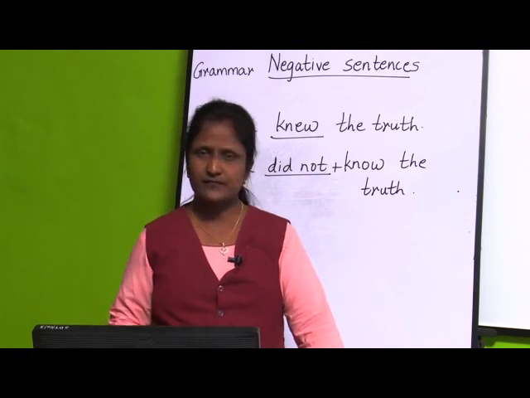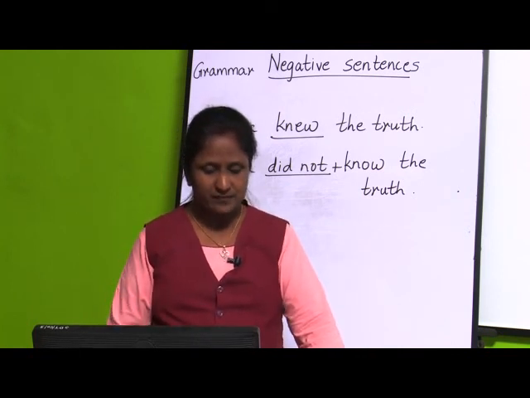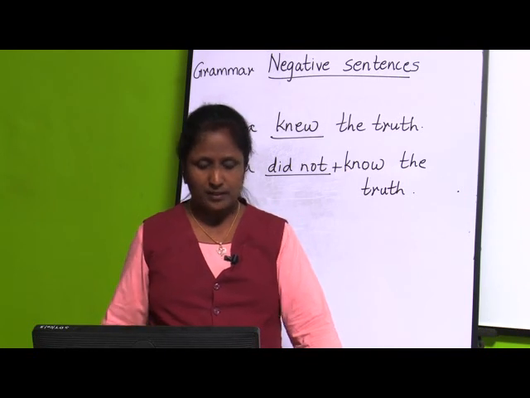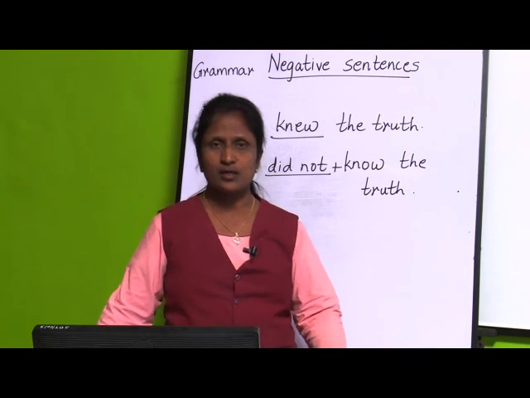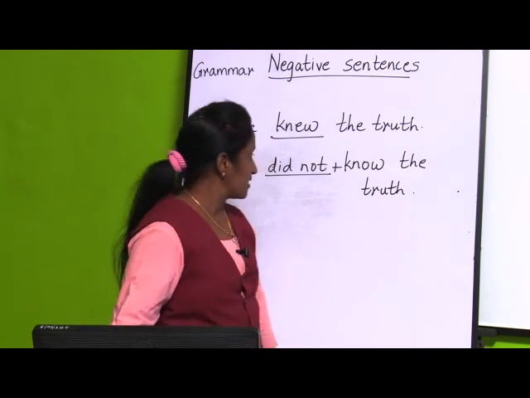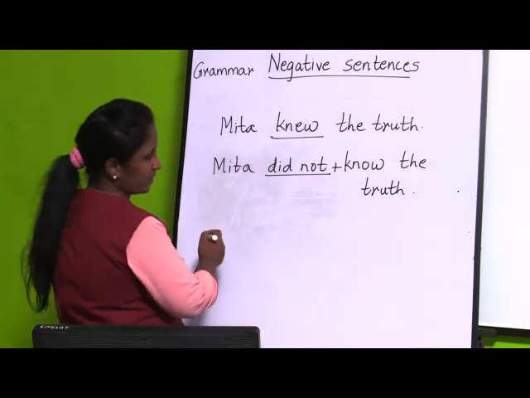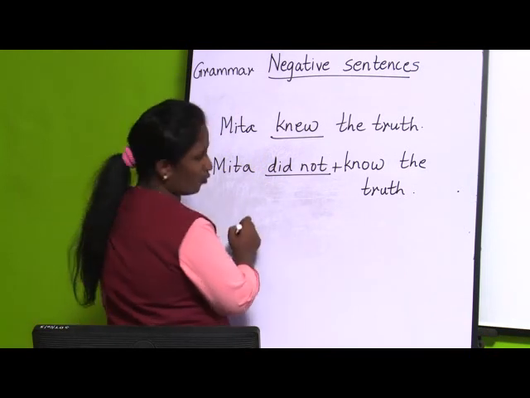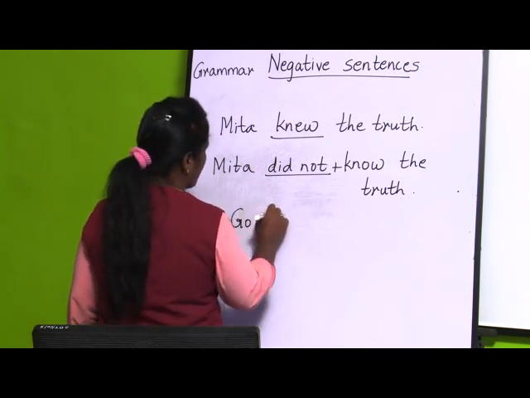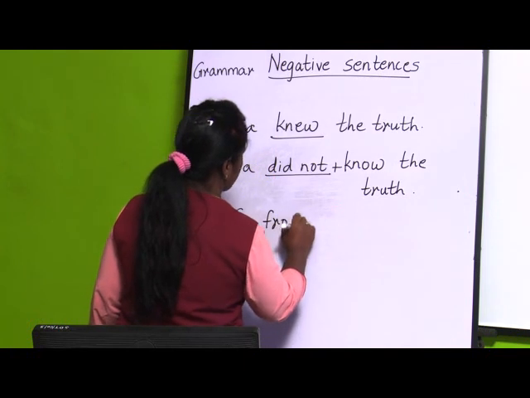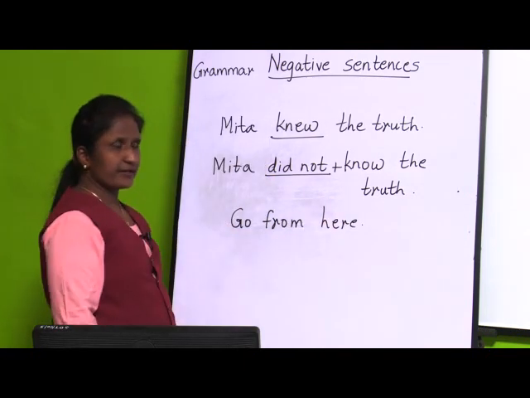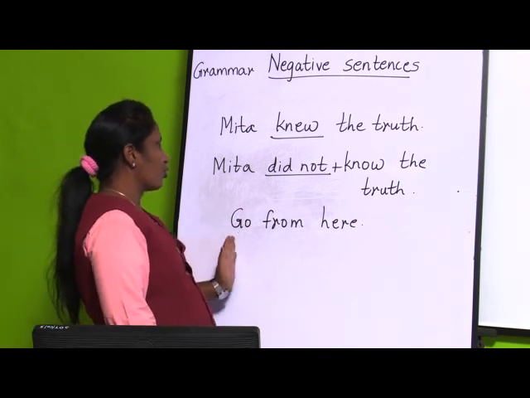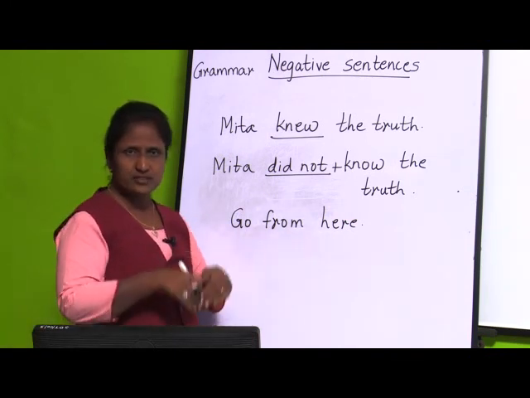The other thing is the imperative sentence. If it is a command, for example, they have given, go from here. We put do not at the beginning of the sentence. Go from here, this is a command. Now I want to make it negative. I am not going to say, go do not from here. Do not we have not used in the middle.